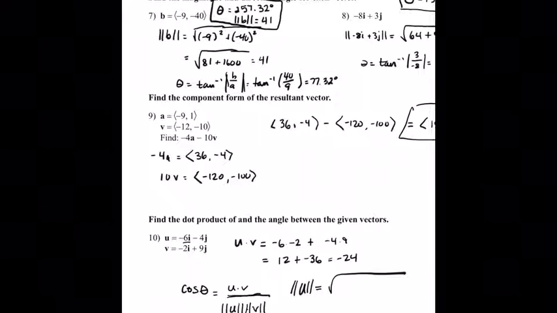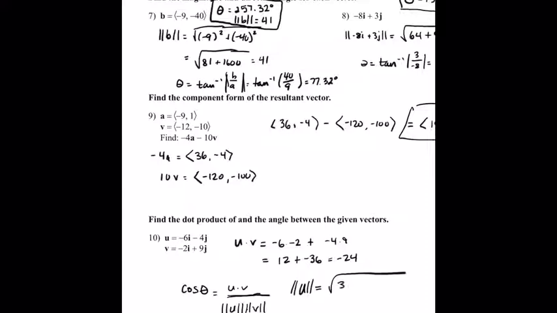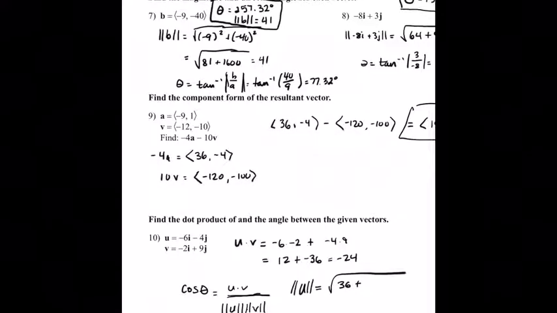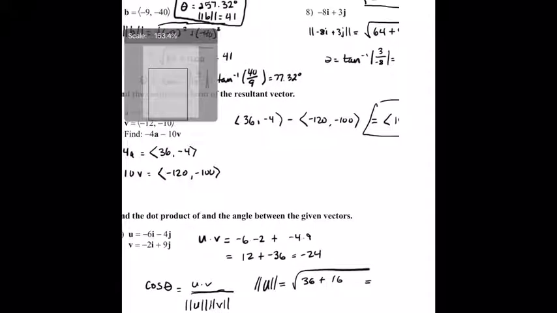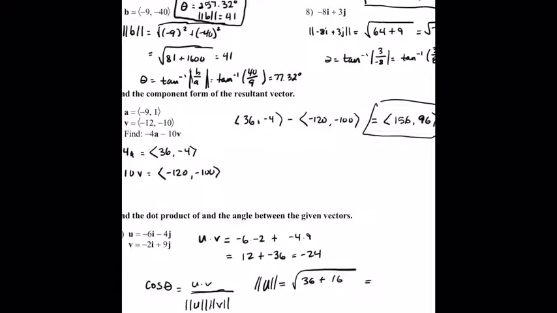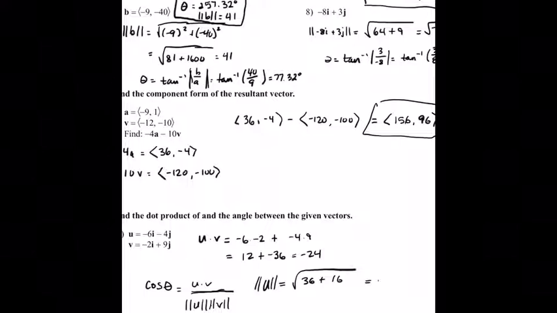That's going to be the Pythagorean theorem. It's just the square root of -6 squared plus -4 squared. So -6 squared is 36, and then -4 squared is 16. 36 plus 16 is 52. Now the magnitude of v is the square root of -2 squared plus 9 squared.